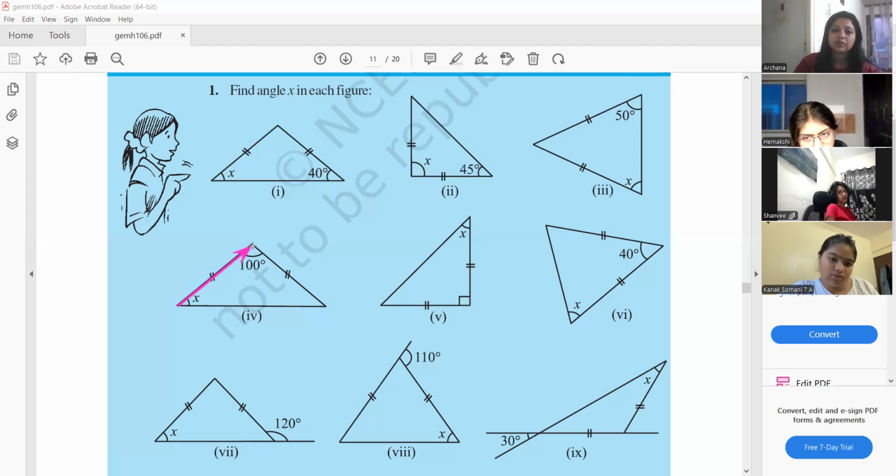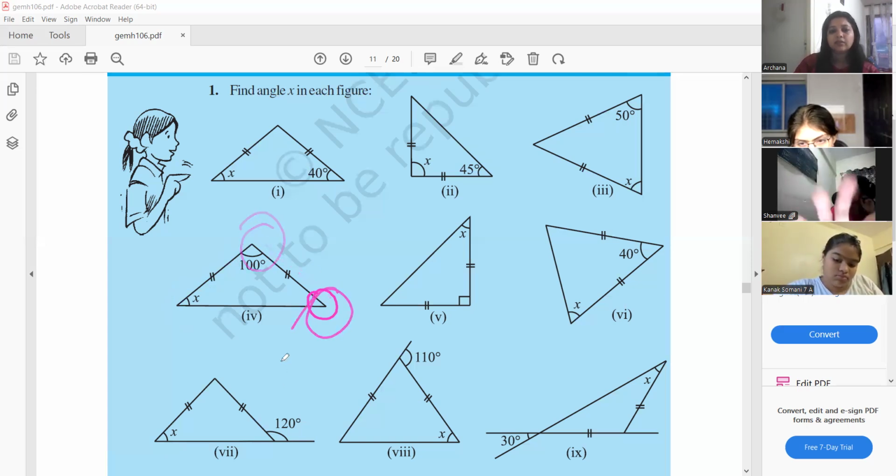It has two angles. Which are the two angles here? This and this. So we cannot take this angle. Correct? But we can consider this one. Same when you talk about this side. It has this and this angle. We cannot talk about this angle, but we can talk about this one.